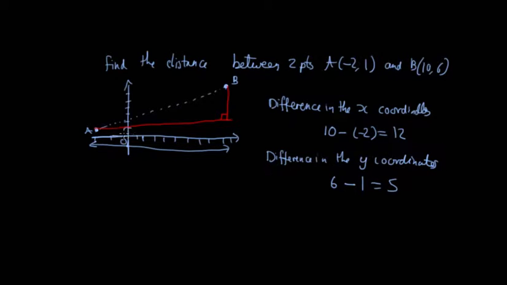So all we need to do: the line AB squared is going to be 12 squared plus 5 squared, and that's going to be 169. So AB is going to be the square root of 169, which is 13. And that's how you do it with drawing a little diagram.